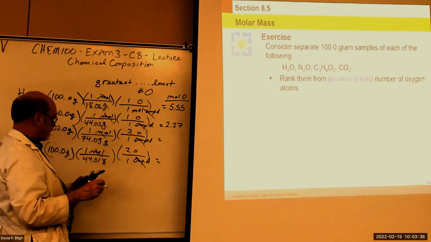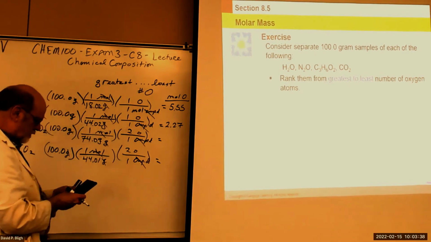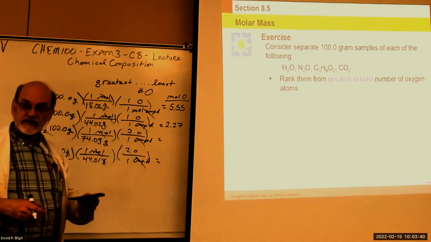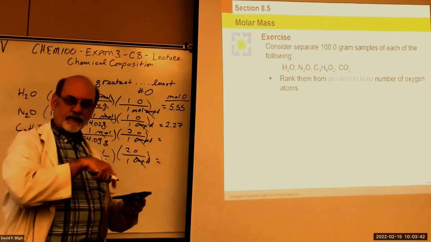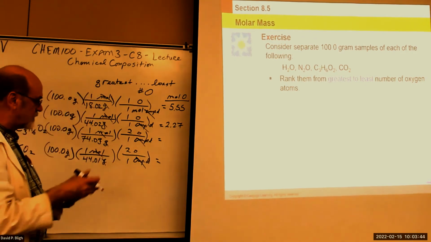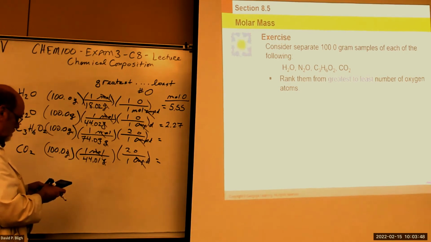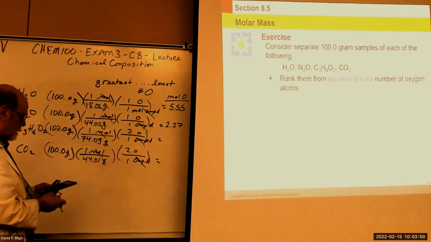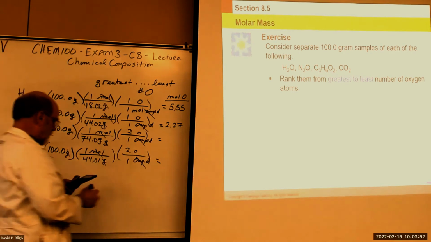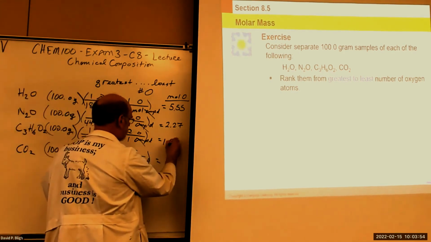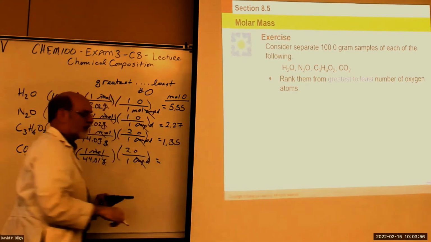Oops, I did something wrong. Hold on a second. I just checked myself for reality, and the number I got just didn't make sense. So I'll do it again. $1.35. Oops, what did I forget to do?